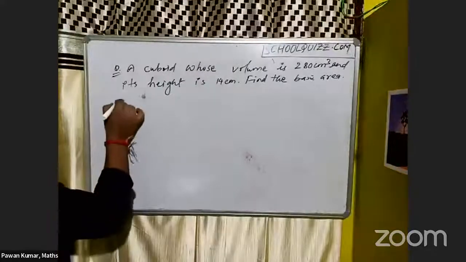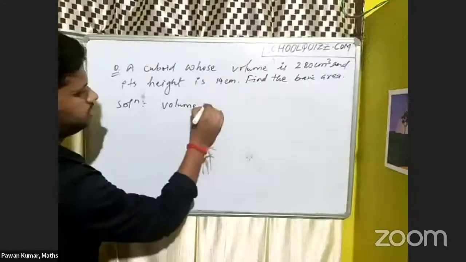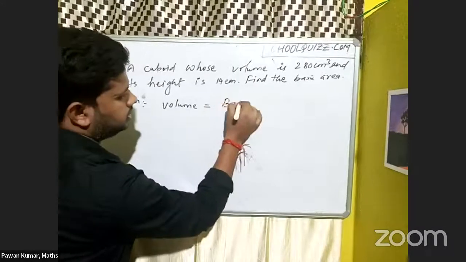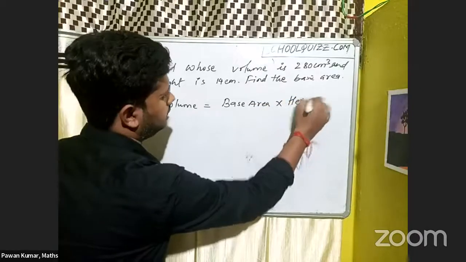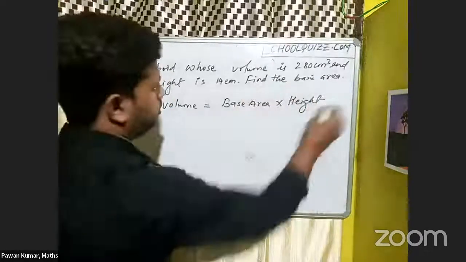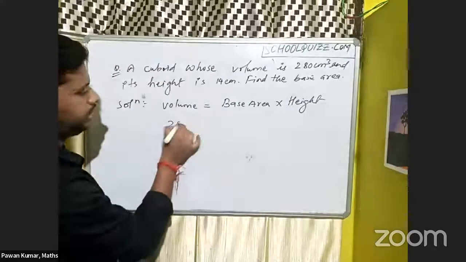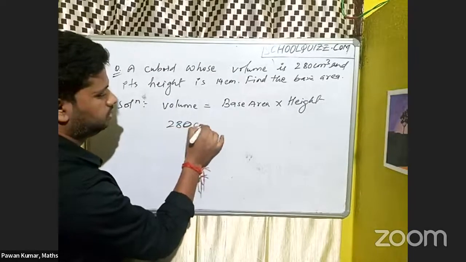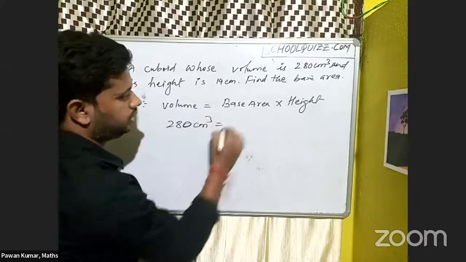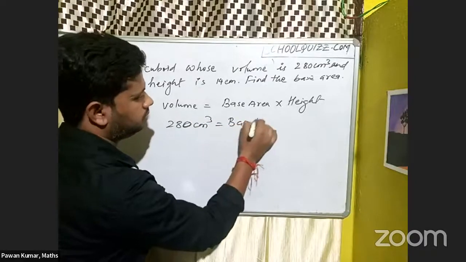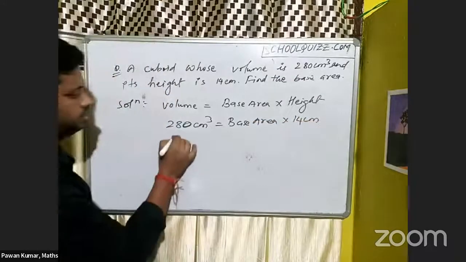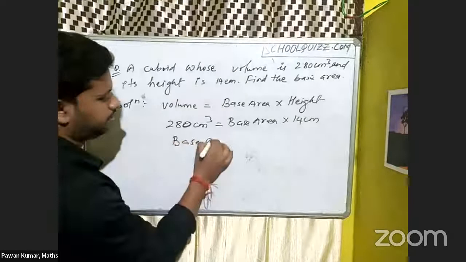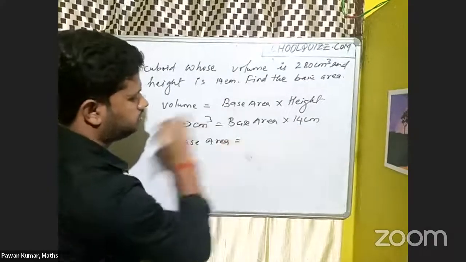See, you know that volume is nothing but base area into height, correct? They gave you the volume, 280 centimeter cube, and the height as 14 centimeter. I'm keeping base area here and sending this 14 to the other side.